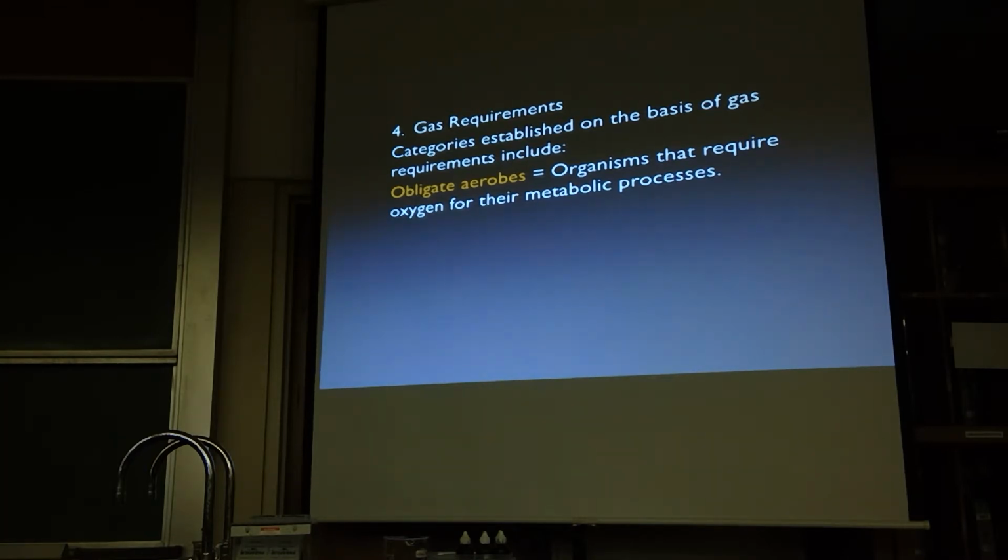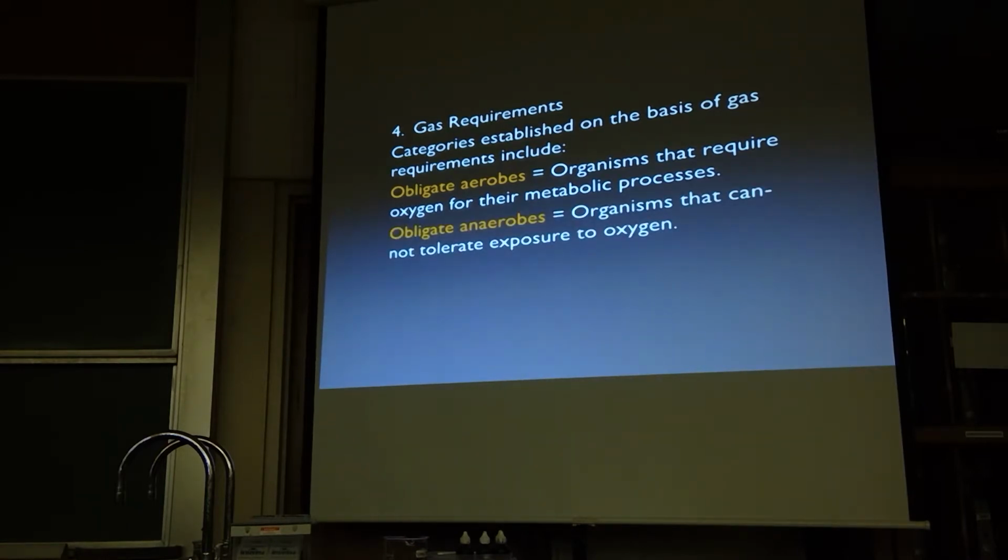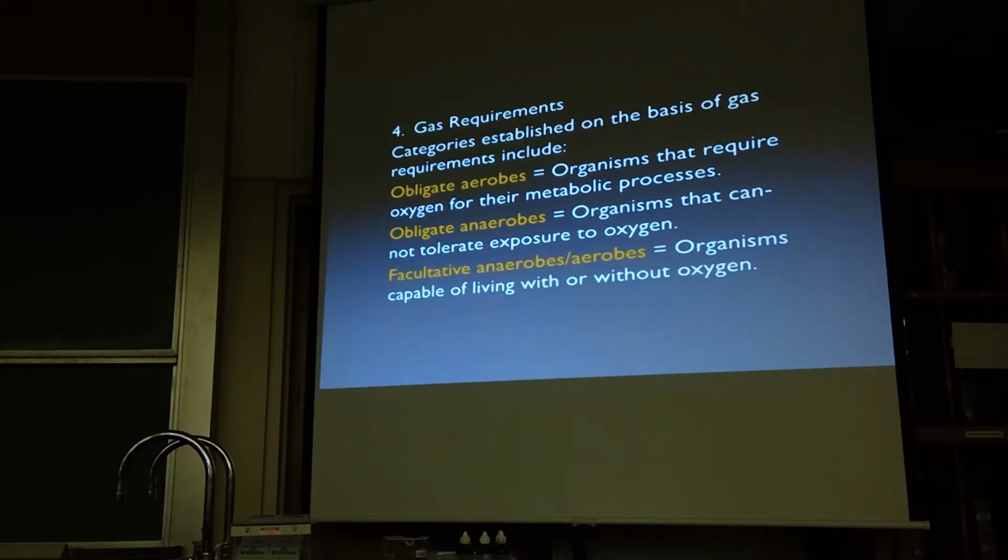So obligate aerobic organisms require oxygen. There are some bacteria that are obligately anaerobic, which means oxygen is actually toxic to them. If you expose them to oxygen, they die. So they don't want to have anything to do with oxygen. They're obligately anaerobic. And then there are many of them that fall into this category in between.